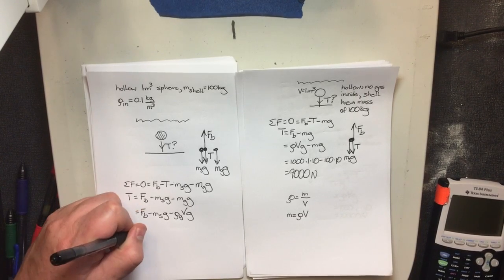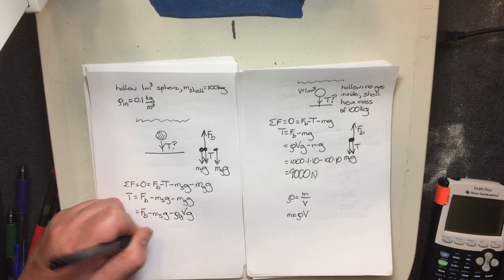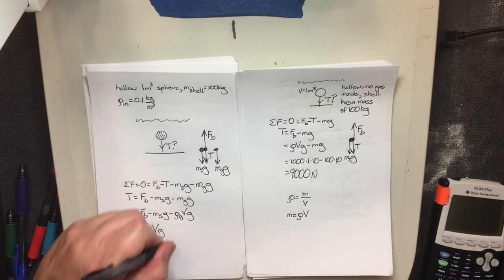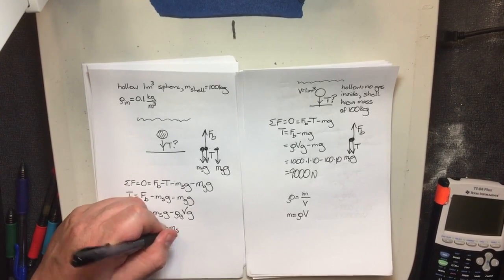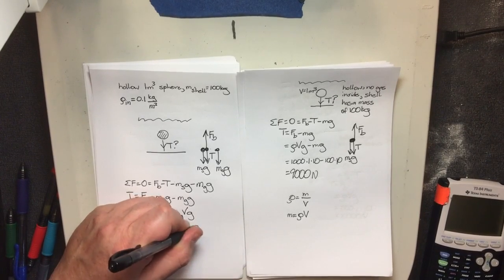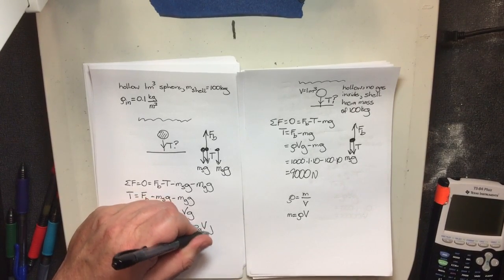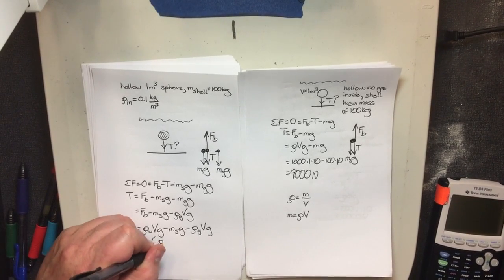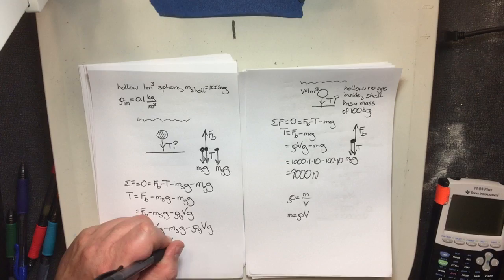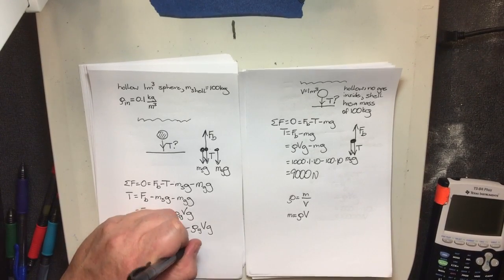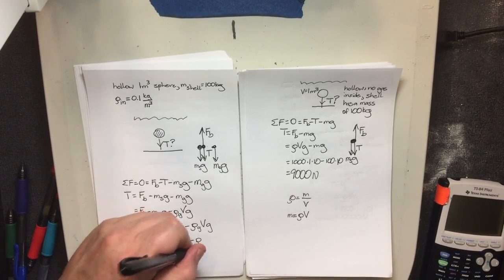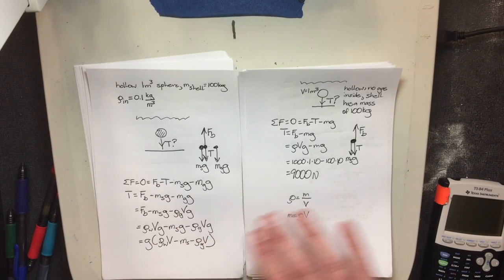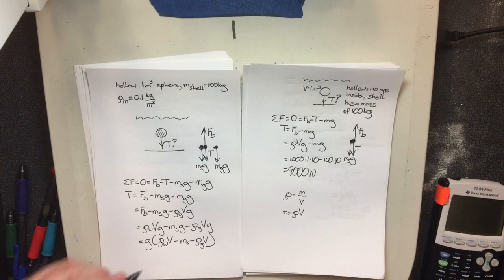This buoyant force is density of water VG. So this becomes gravity, density of water volume, minus mass of the shell, minus density of the gas times volume. So you may now plug and chug.